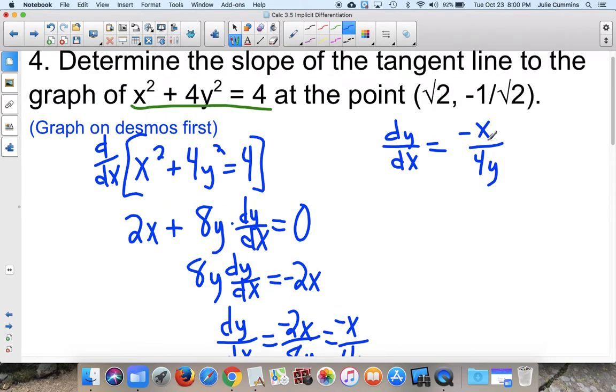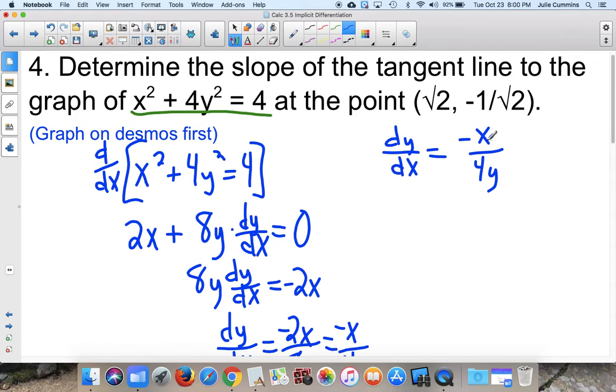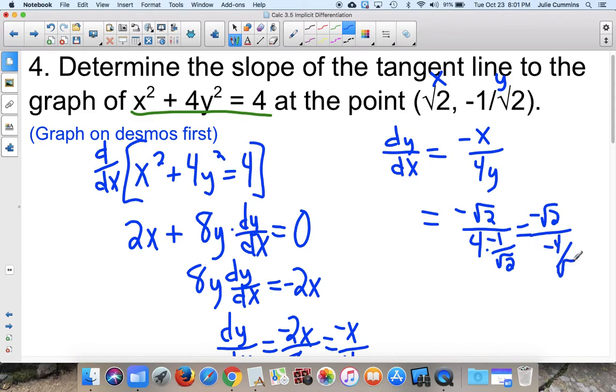Now we want to find the slope at this point. So we have our x and our y. We're going to plug them both in. So we have negative root 2 over 4 times negative 1 over root 2. So negative root 2 over negative 4 over root 2.